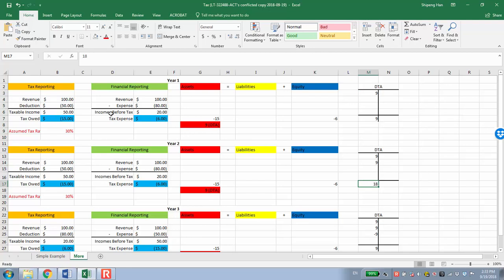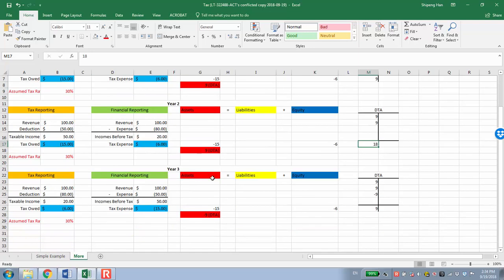If this trend keeps, deferred assets will keep increasing. But we know finally it will be reversed. Just assume in year 3 it reverses. In this case, the deduction is greater than the expense. So taxable income now is less than income before tax.